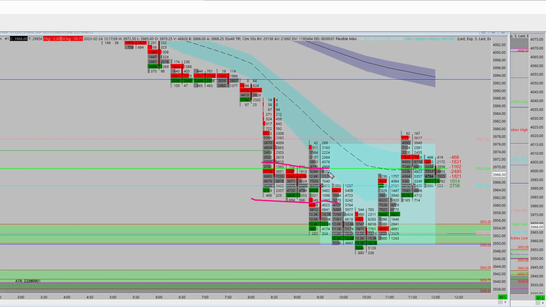I'm sure there's larger time-framed participants or just larger players where they're not scaling in maybe within a tick or two or a point or two, as some of us, they have much bigger ranges they're working with. So maybe they filled half here, filled the rest here, and in the middle you have day traders, retail, flipping ticks, right? But nonetheless, I want to see a bid here, stop out, and then catch the lows, right?